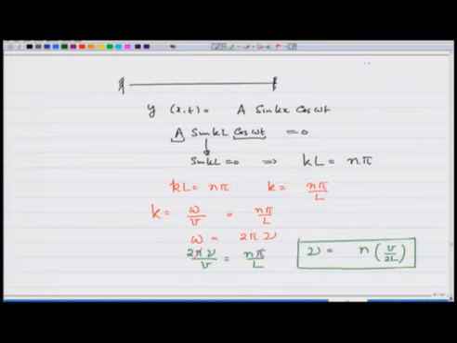So, notice that all frequencies are not allowed. The string can vibrate only at certain frequencies, and I am going to call them nu n, and they are going to be multiples of V over 2L. So, nu n we have found to be equal to n V over 2L, and V in this case happens to be the square root of tension over mass per unit length.